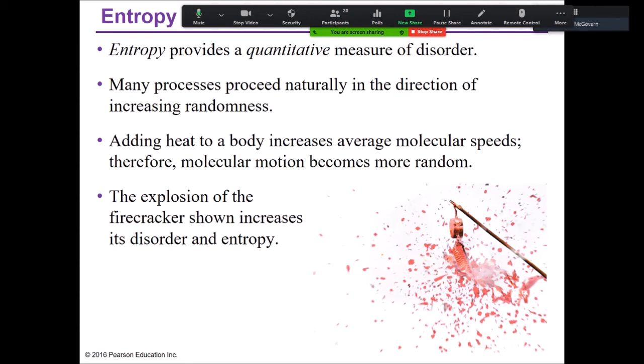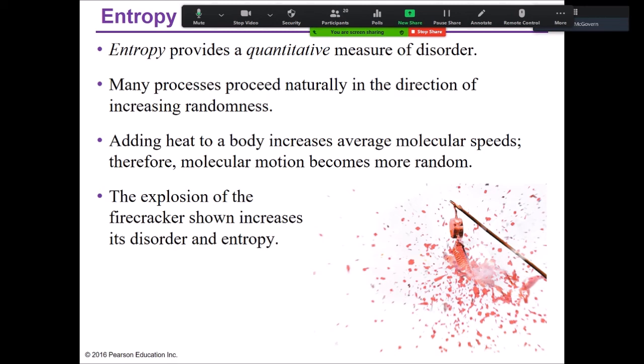The idea with entropy is we're trying to measure the amount of disorder in a system. And what the second law of thermodynamics says is that processes ultimately tend to more entropy. They tend towards more randomness. Spontaneous processes. That's why when you drop a glass and it shatters, that creates a lot of disorder, right?